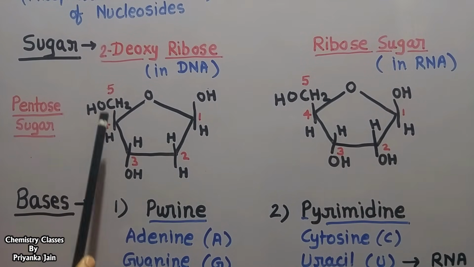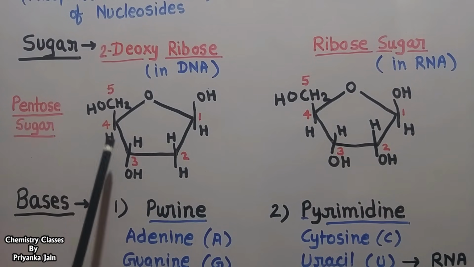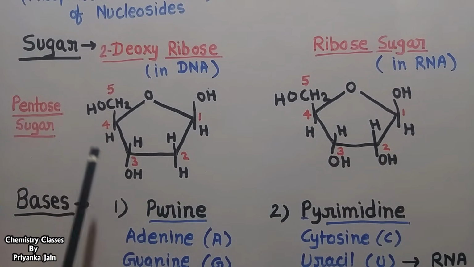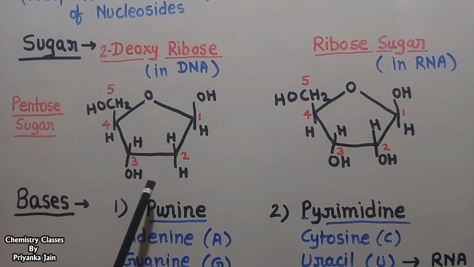These are 5 carbon atoms, 1, 2, 3, 4 and 5th carbon atom. And in this case, at the second carbon atom, the hydroxyl group is replaced by a hydrogen atom. There are 2 hydrogen atoms, no hydroxyl group. So this sugar is known as 2-deoxyribose sugar, and this sugar is present in the case of DNA.